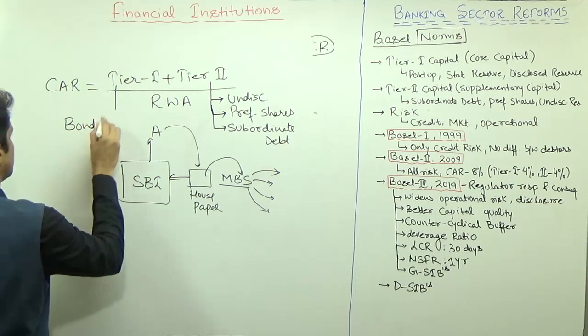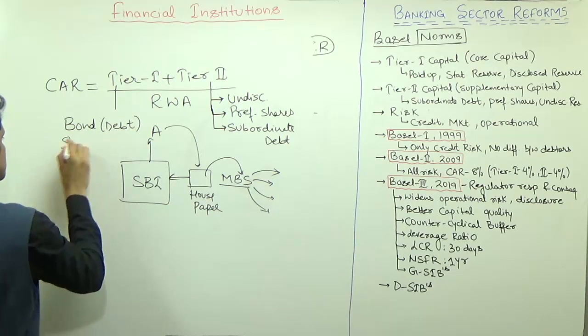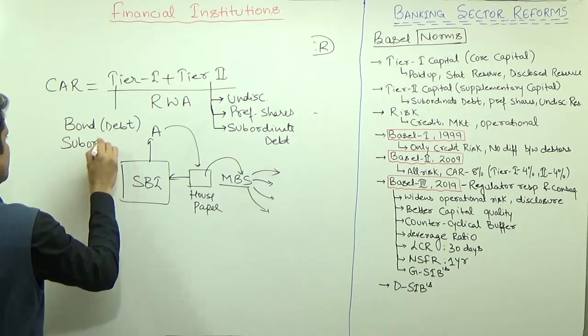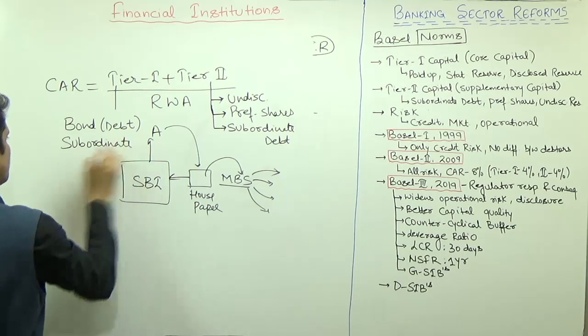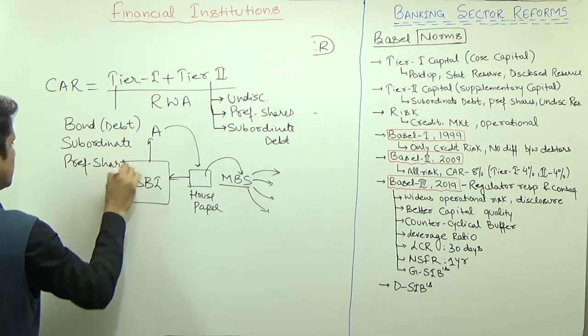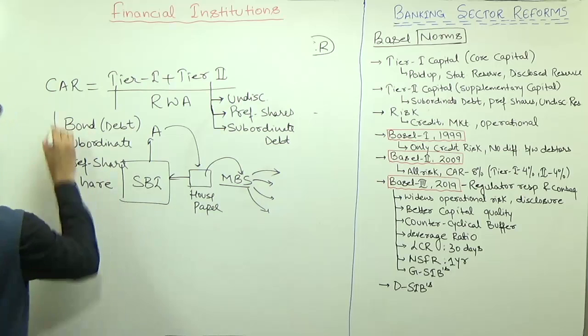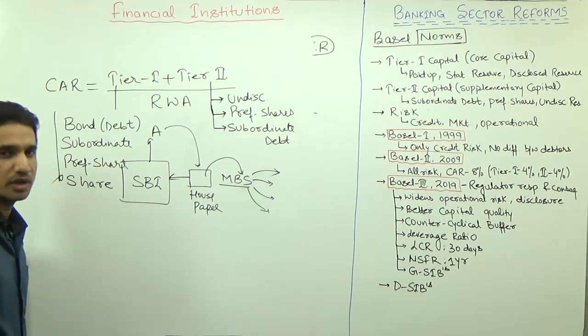The second priority will be given to the subordinate debt. The third priority will be given to preference shareholders, and the last priority will be given to the shareholders.